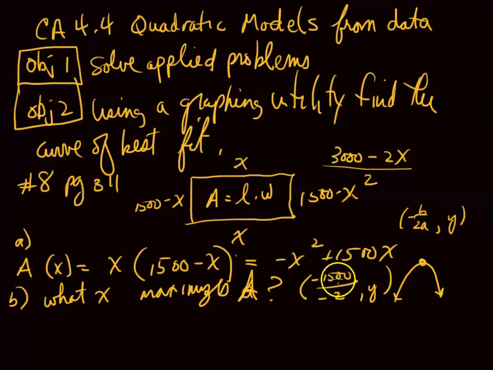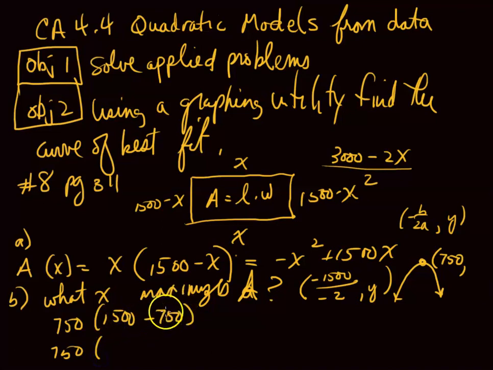So this is really 750. 750 is the x-coordinate. Plug in a 750. And you get 750 times, well, because this is 1,500 minus 750, it's times 750.